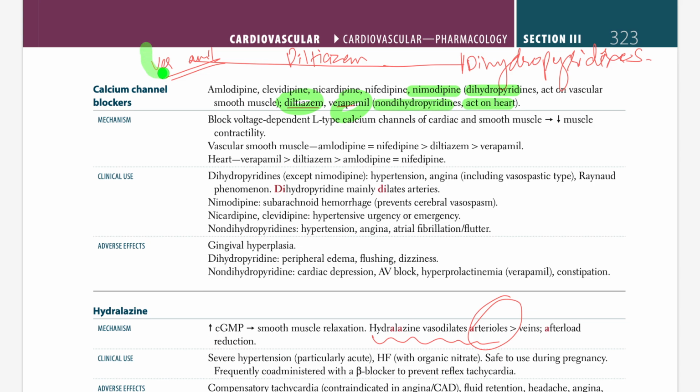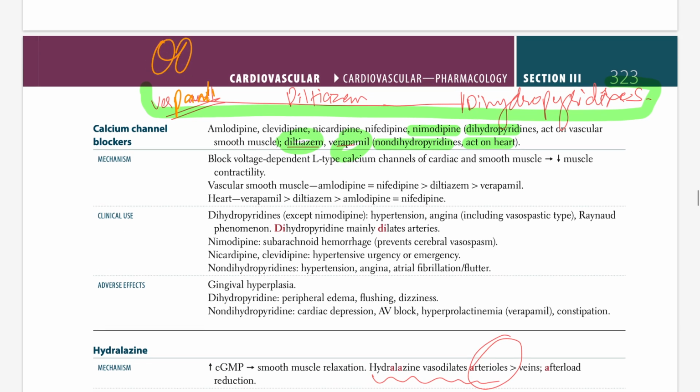So here's the thing that I have up there. Let me write verapamil. So here's the heart. Okay. And here are all the vessels. And these are also the vessels. So verapamil specifically acts on the heart, while diltiazem works on the heart as well as vessels.